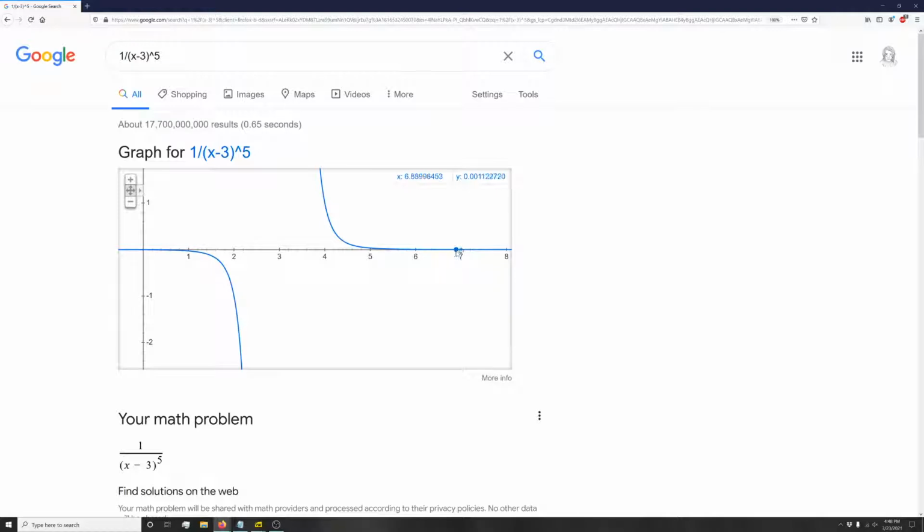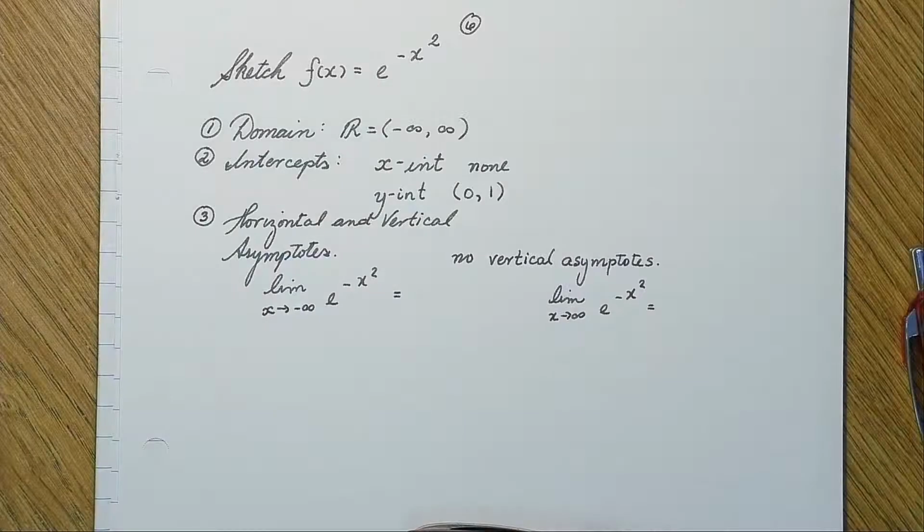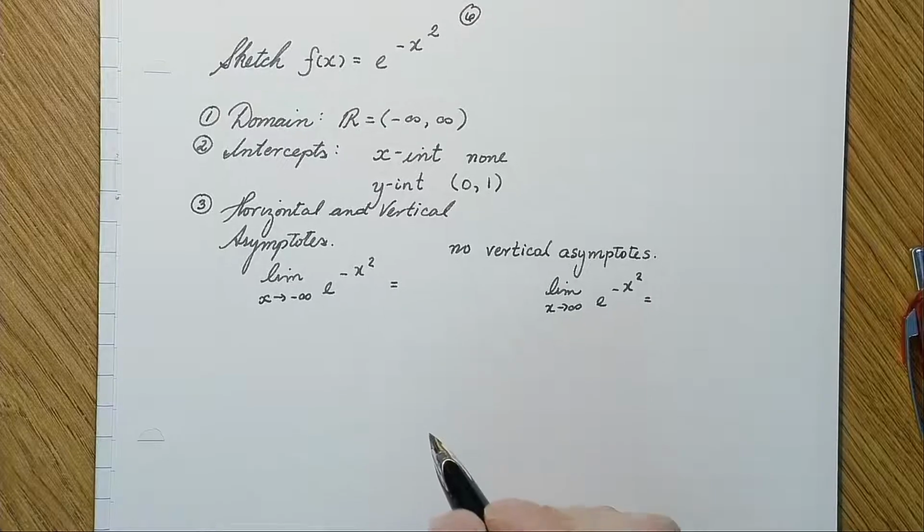Depending on whatever graphing calculator that you use, you might run into some round-off error, but it'll get really, really close to it, but it should never touch it. That's just a quick answer, but if you need more clarification about that, we can always talk about that after. So hopefully that answers the question.